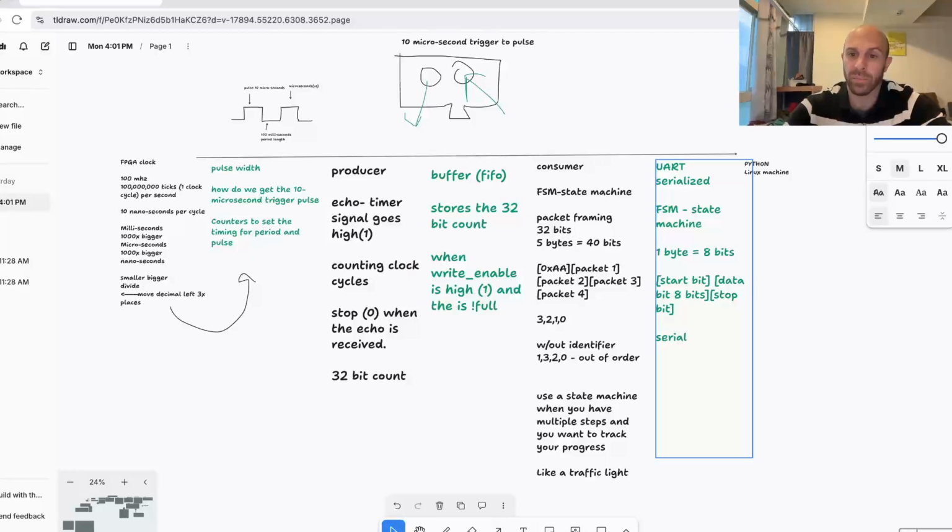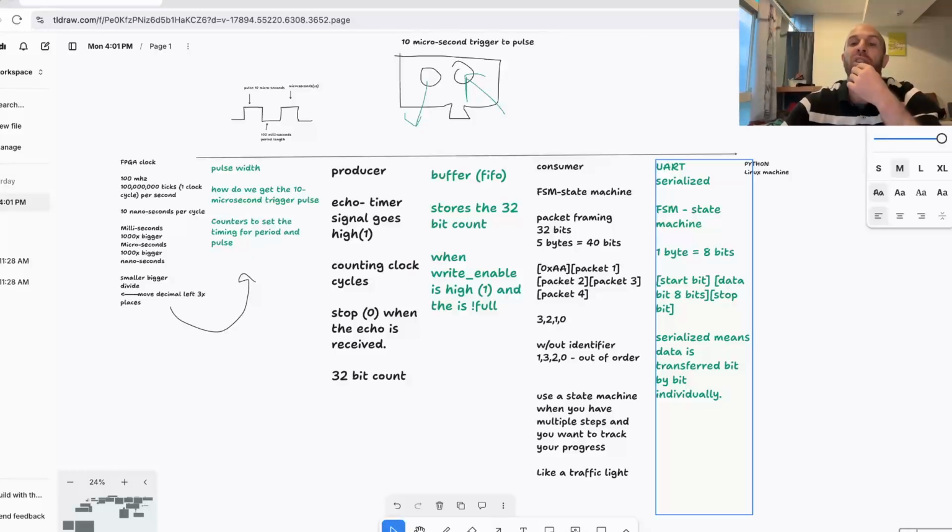Serialized means transferred bit by bit, individually. You can't send 2 bits at once. So it's rate limited. Individual.